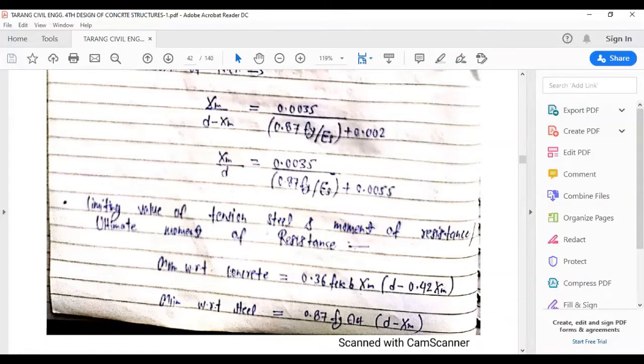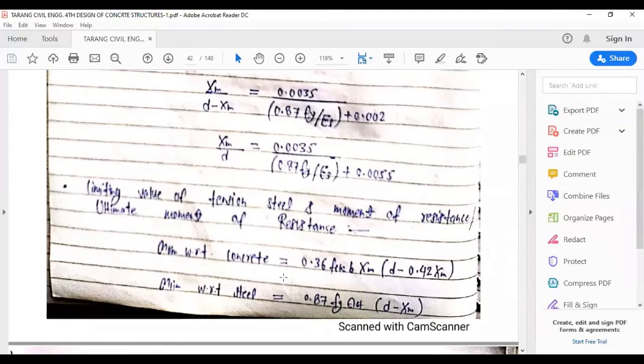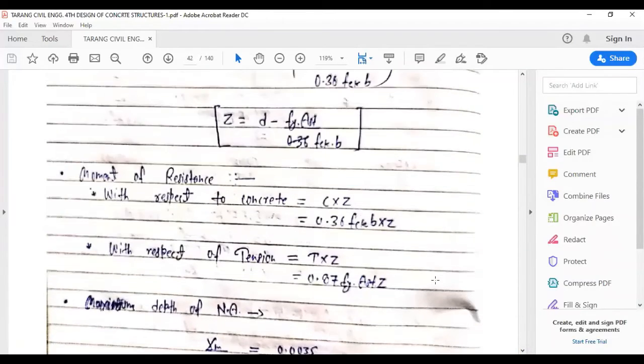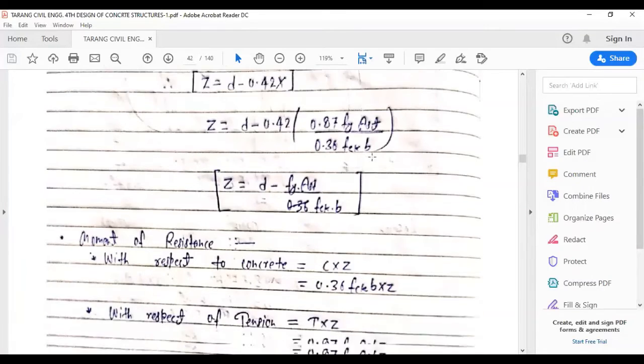So limiting moment with respect to concrete, Mlim with respect to concrete, is given by 0.36 fck b xm multiplied by z. So z is d minus 0.42 xm, from this formula.